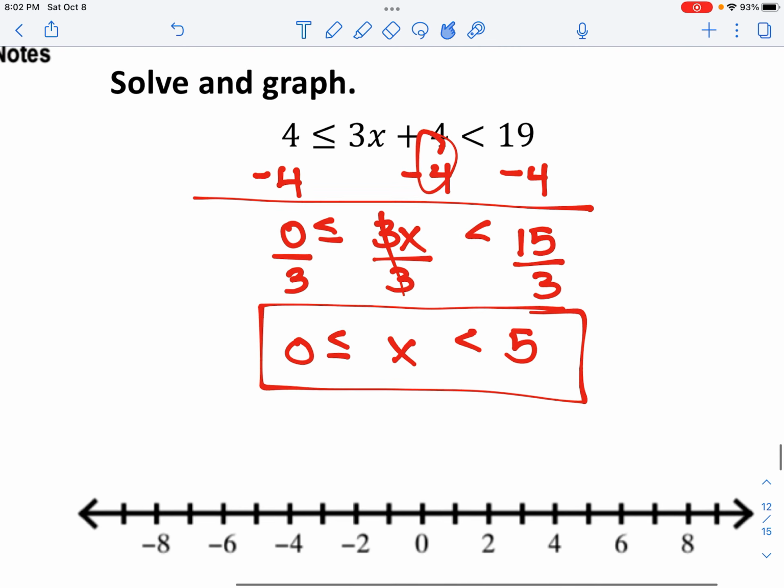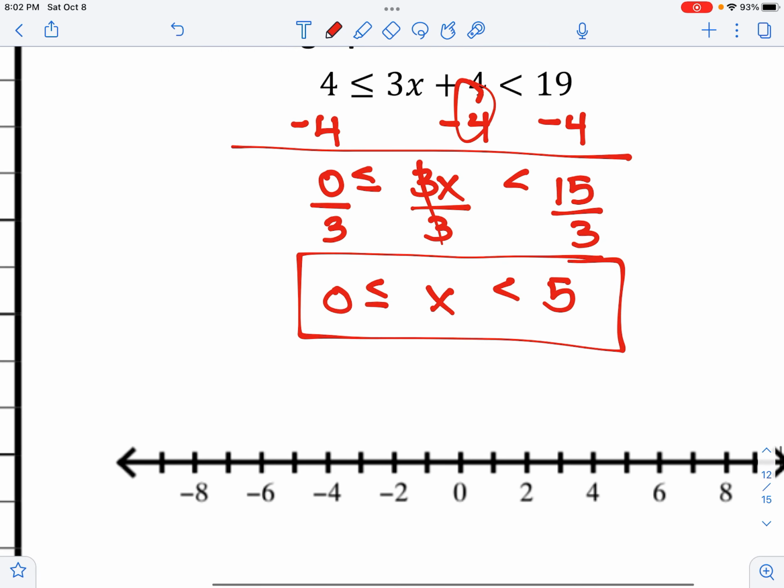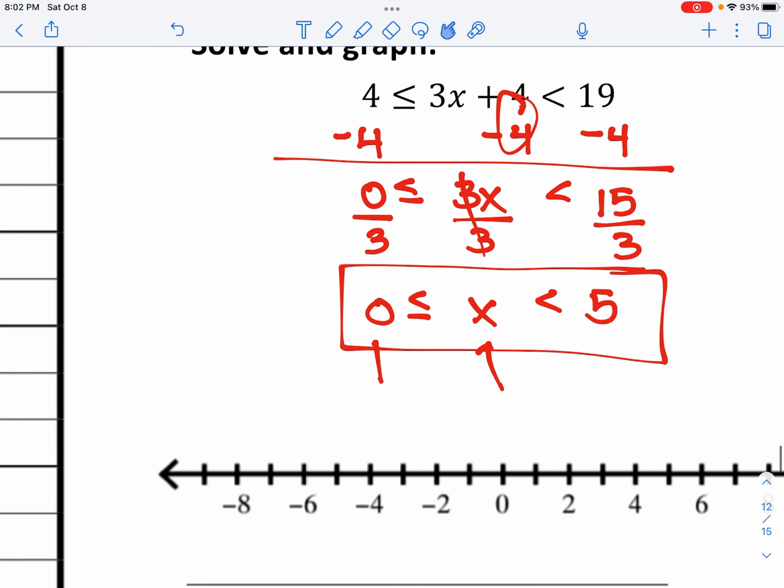Now that means, just the way it's written, you can even see here that x is in between what two numbers? x has to be in between 0 and 5. So that really just kind of tells you how to graph it. The solution region has to be between 0 and 5.